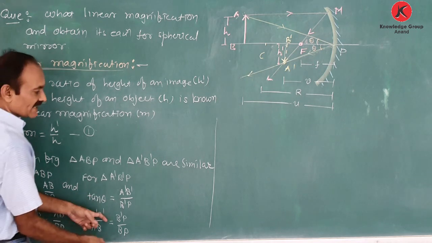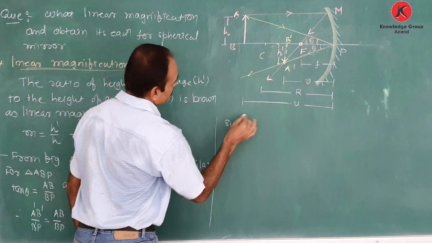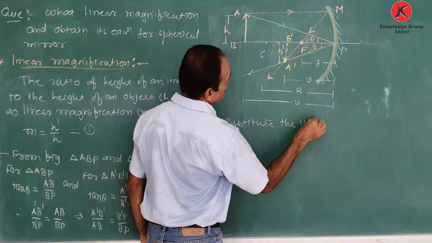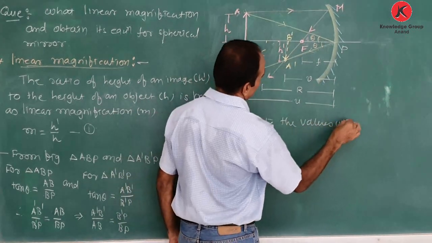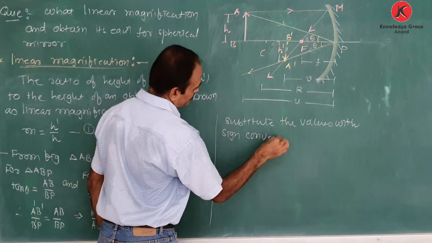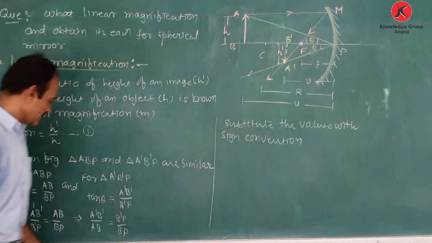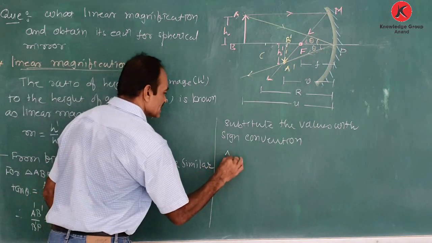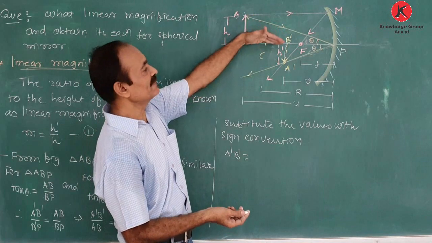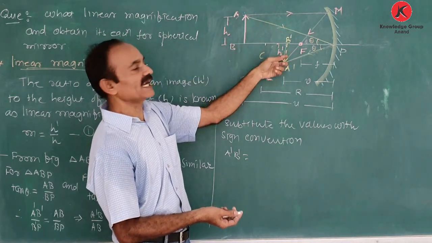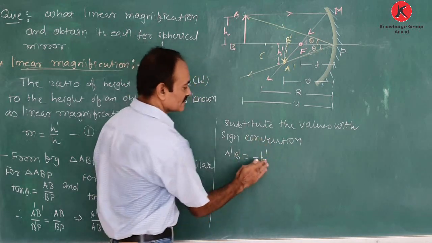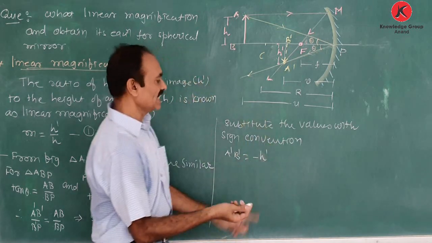Now, in this equation, we substitute the values with sign convention. From the figure, A'B' is the height of the image, which is below the principal axis, so according to the sign convention it is negative: minus H'.